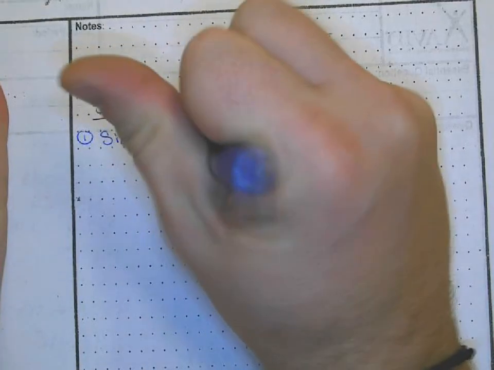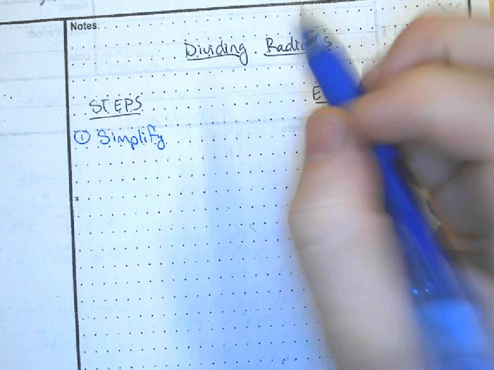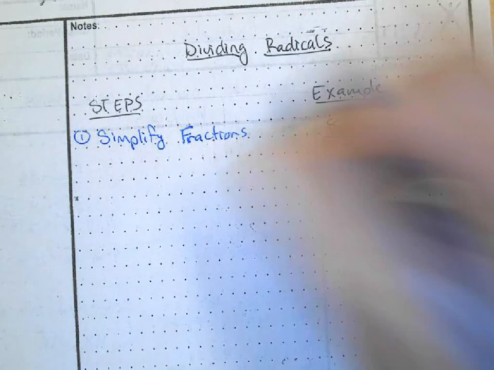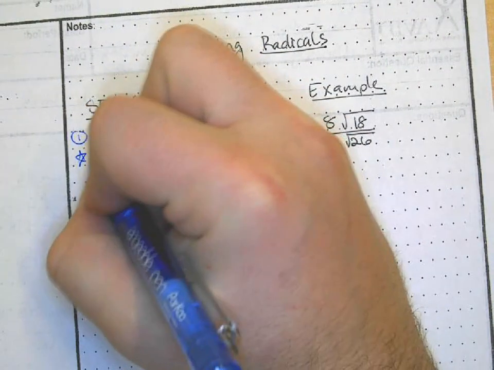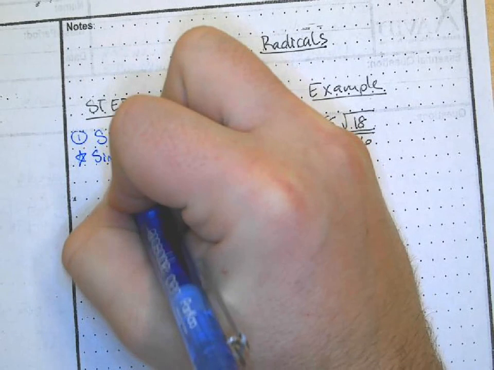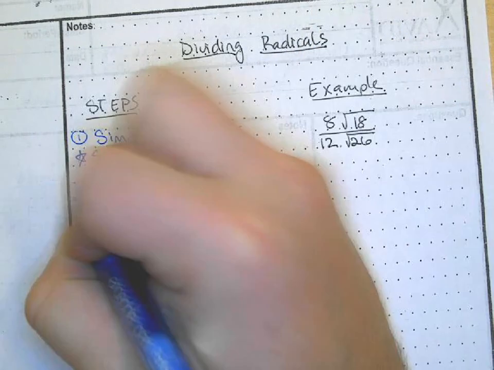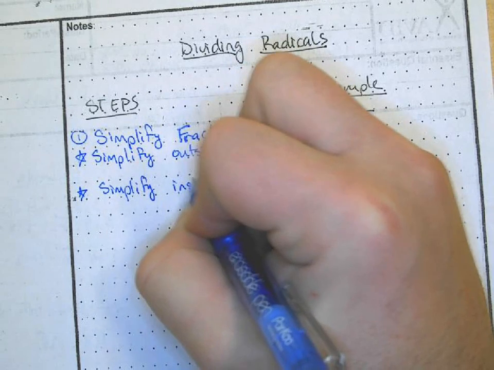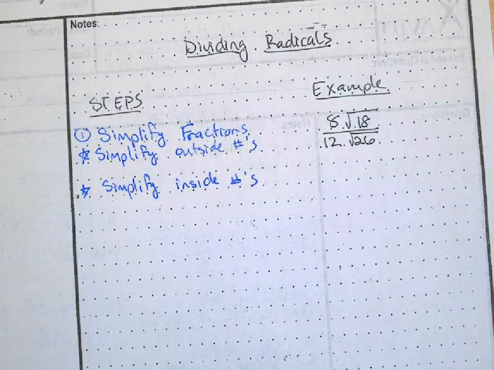Actually, we don't want to simplify radicals first. Let's simplify our fractions first, because then our numbers will be smaller. So simplify fractions. And we'll simplify the outside numbers, and we'll simplify the inside numbers, just like their fractions.